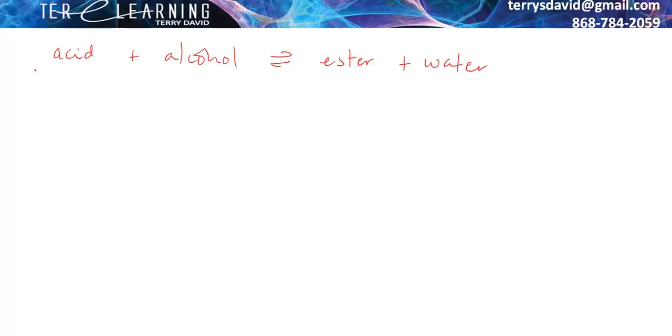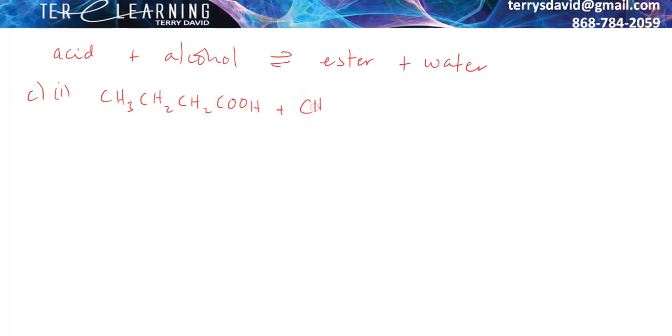So they want us in C part 1 to write a balanced equation. So compound D was CH3, CH2, CH2, COOH, plus we're adding ethanol to this.